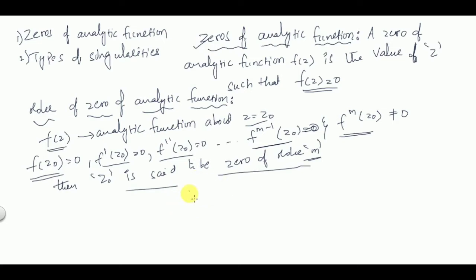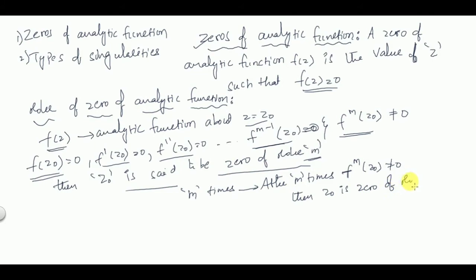In simple terms, first differentiate m times, and after m times, if f m of z0 is not equal to 0, then z0 is 0 of order m.